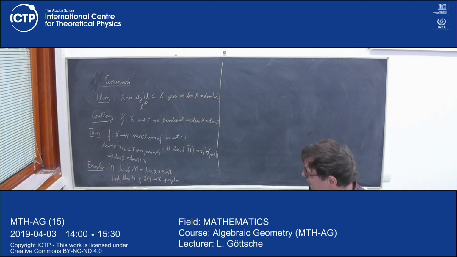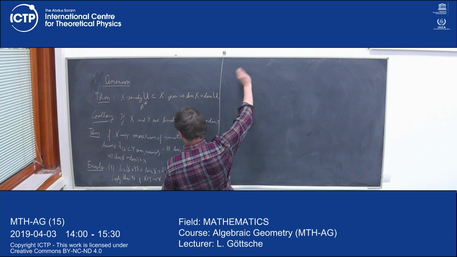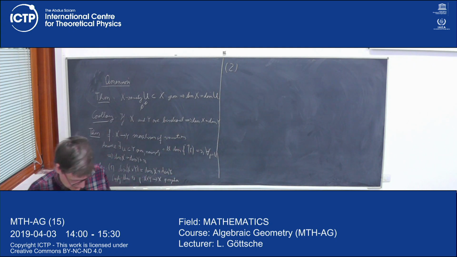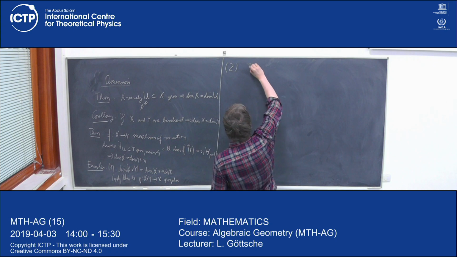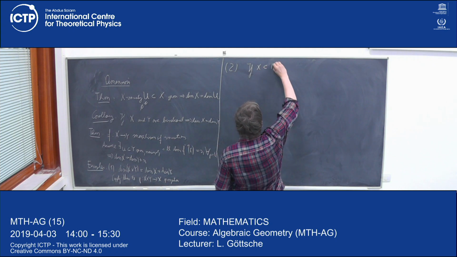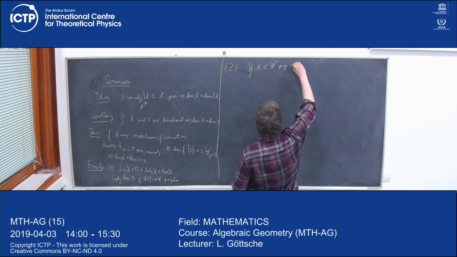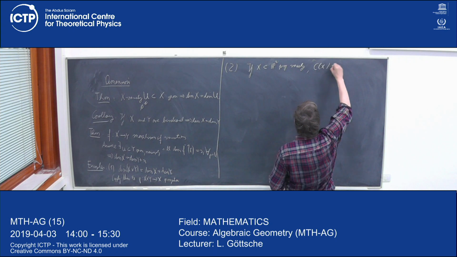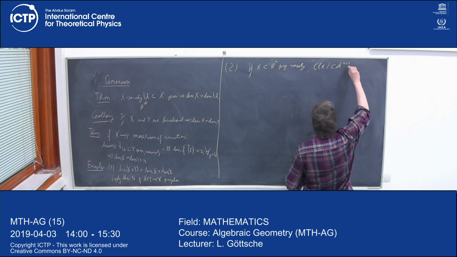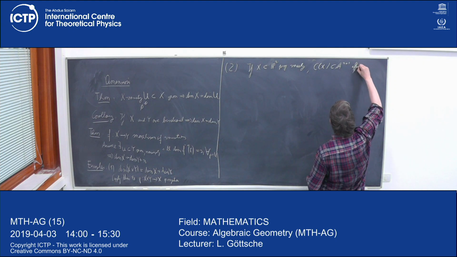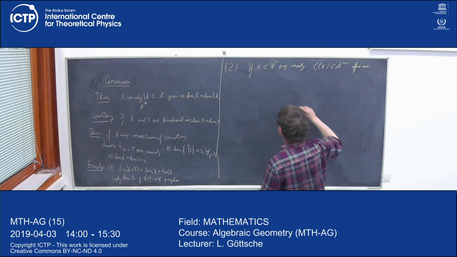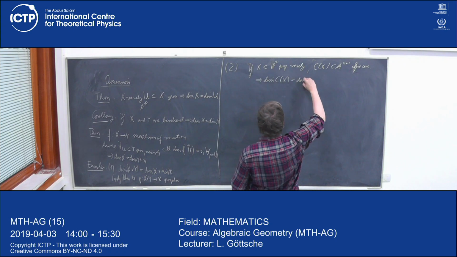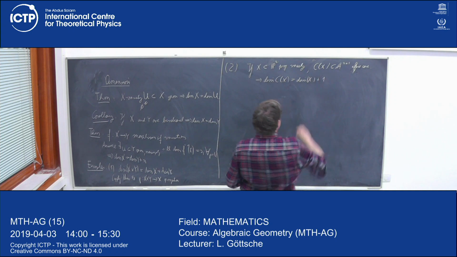So another thing which looks a bit less useful, but we're going to use it in a moment, is that if X in Pn is a projective variety and Cx in A^(n+1) is the defined cone, then it follows that the dimension of Cx is equal to the dimension of X plus 1.